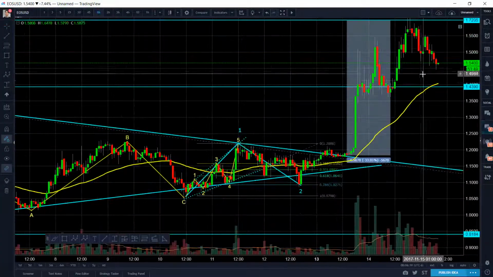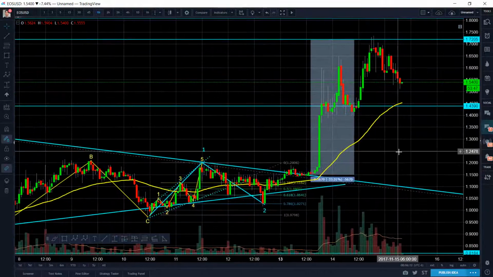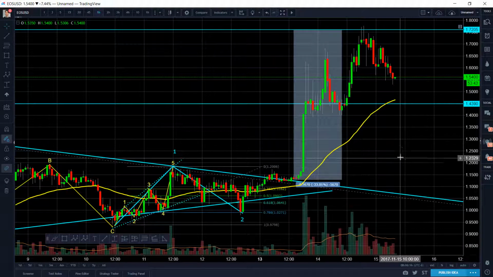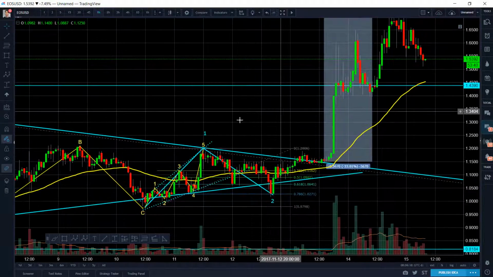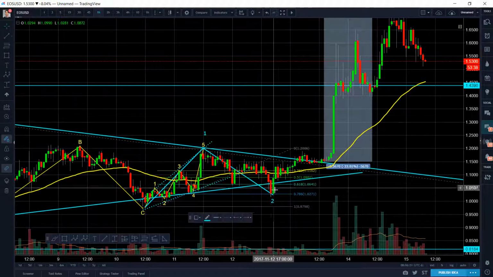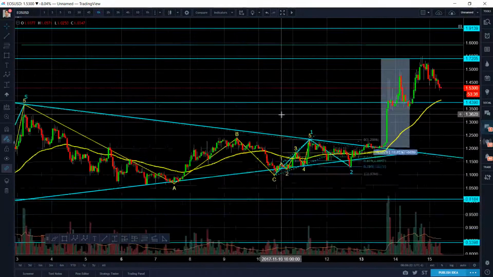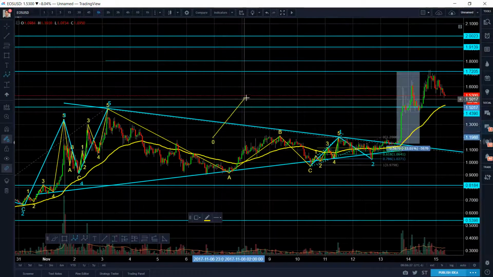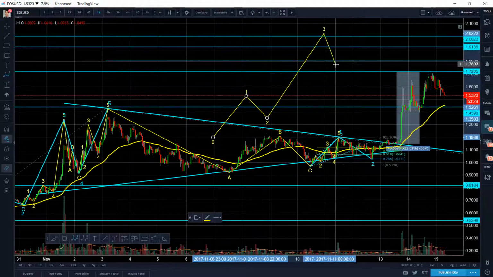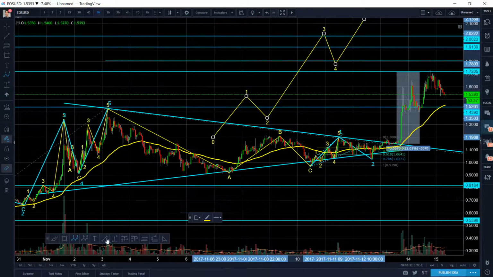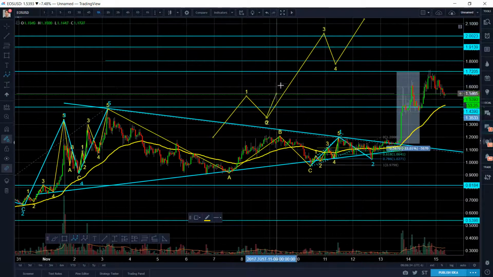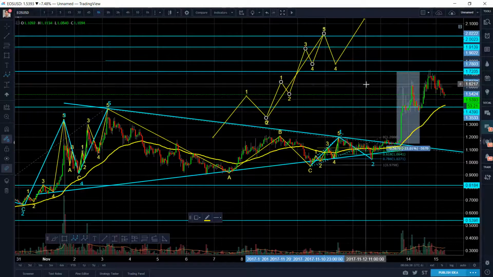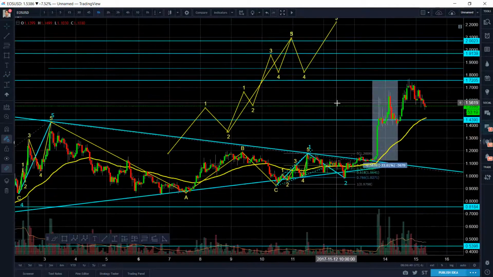Now this is where I firmly believe we are right now in this process. So check this out. There are two different ways to interpret it. First of all, I want to make note that, remember how I mentioned earlier that this is 5 waves, right? 1, 2, 3, 4, and let's say it's 5. But within this wave, there could be 5 waves. 1, 2, 3, 4, and 5, just like that basically, right?